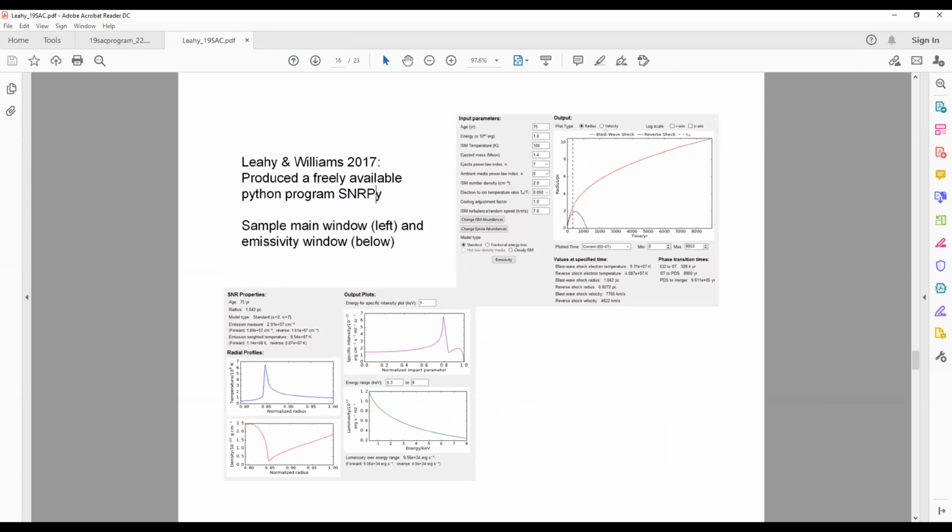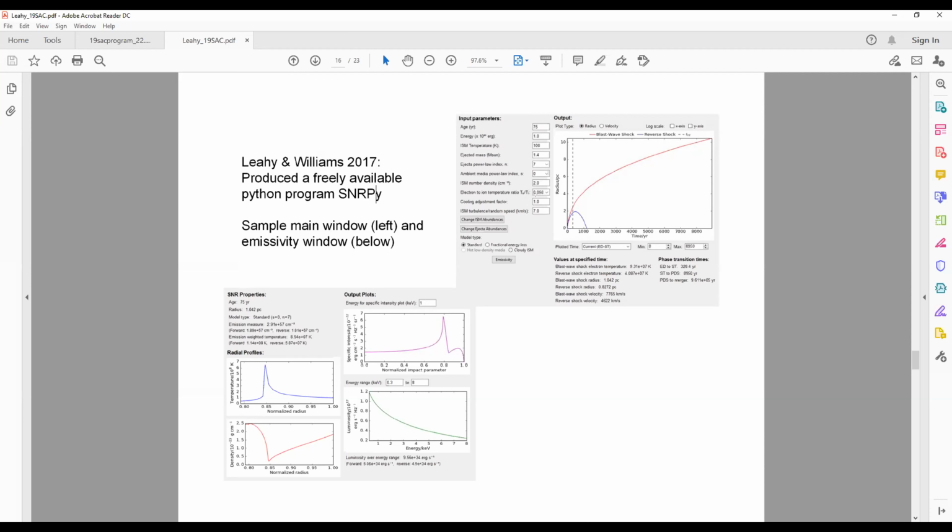I give several windows, including where you put in all the parameters. So even though the early stages are described by this unified model, to get the unified model, you have to put in about 10 parameters that describe the ISM and the ejecta and the electron-ion heating.